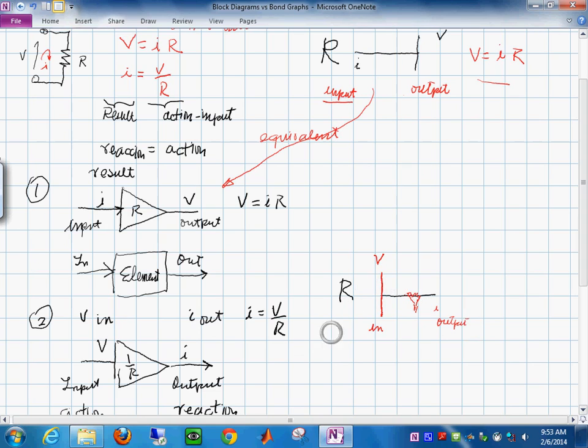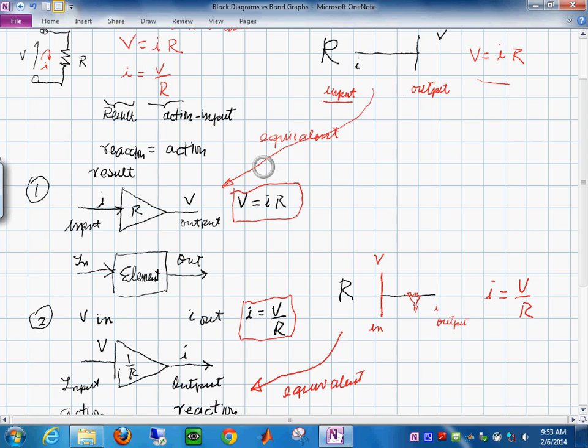This one is completely equivalent. When I say equivalent, I mean equivalent to the equation here, for this one up here. This one is equivalent to this equation, and most certainly this is equivalent to this block diagram. So what has happened is, basically in shorthand, we have written the same thing.